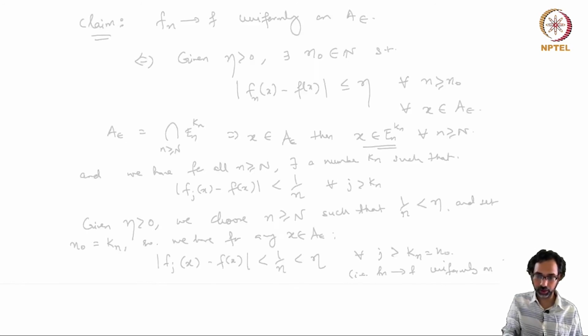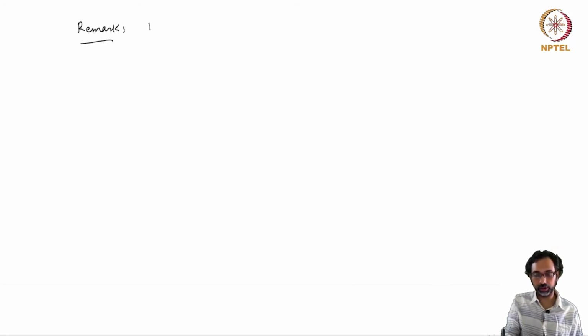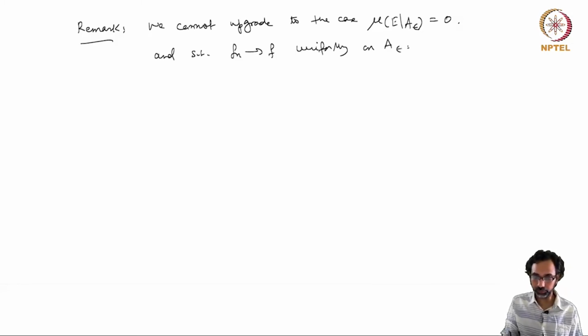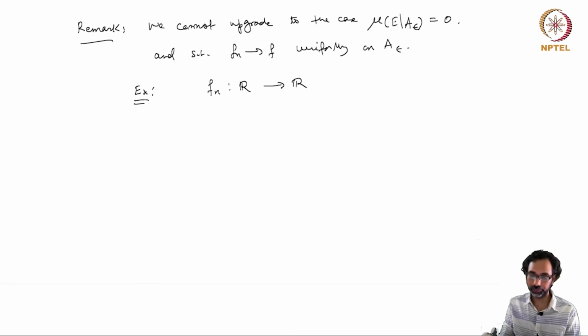On the other hand, we remark here that we cannot upgrade to the case where the measure of E minus A epsilon is equal to 0 and such that f_n converges to f uniformly on A epsilon, because we take this example: functions defined on R and taking values in R, and in fact we don't need it to be defined on the whole real line, we will only define it on [0,1], and it will take values in [0, plus infinity).